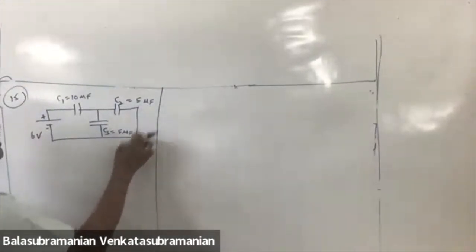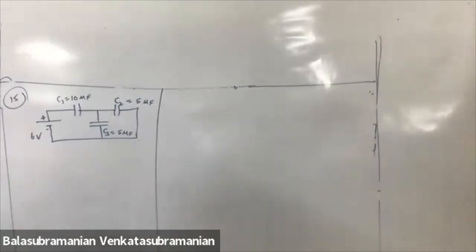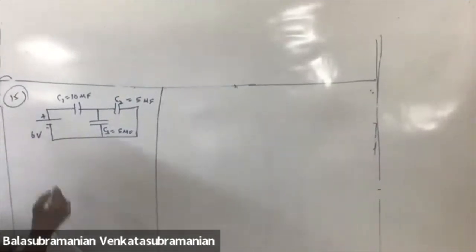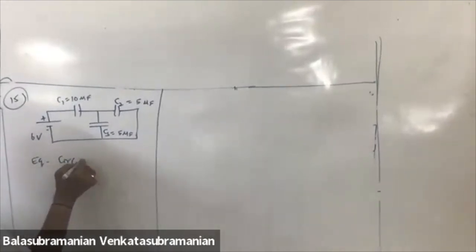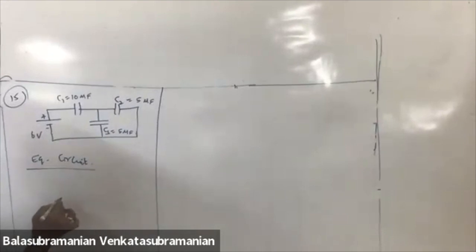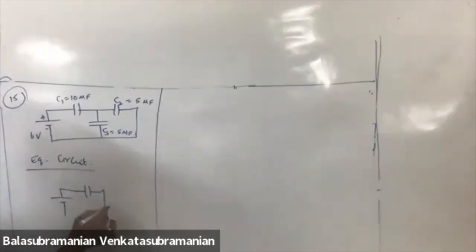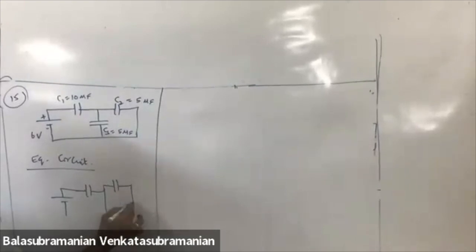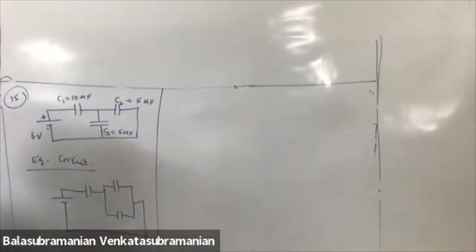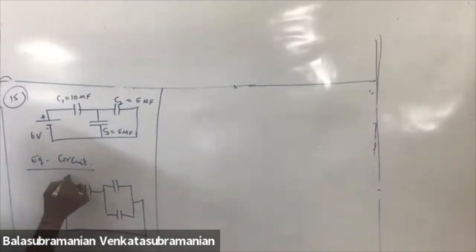So this C2 and C3 are in parallel now. So I can write the equivalent circuit. Battery, capacitance, these two are connected in parallel. Value 6 volts.